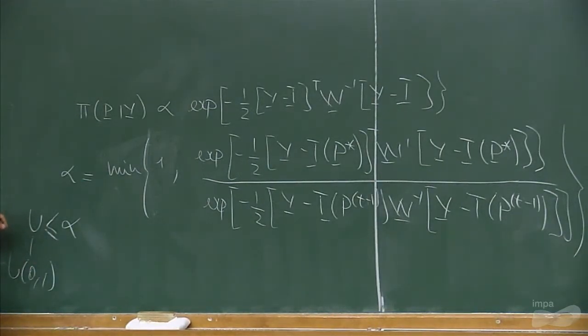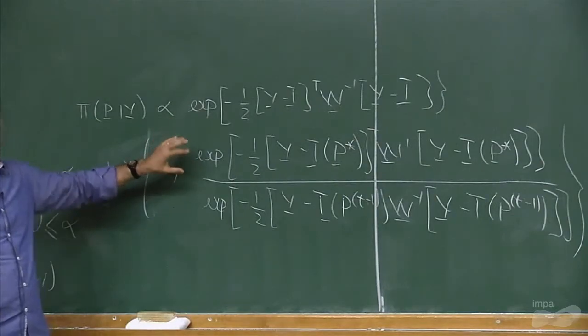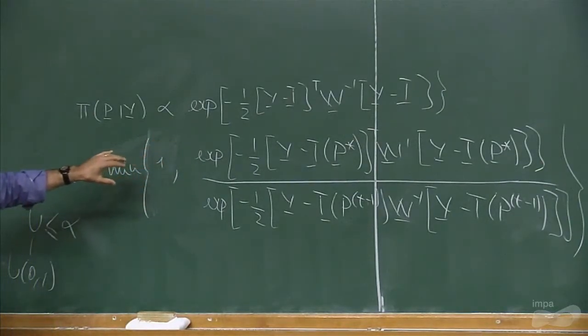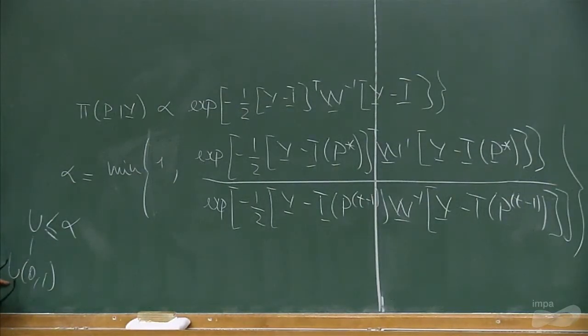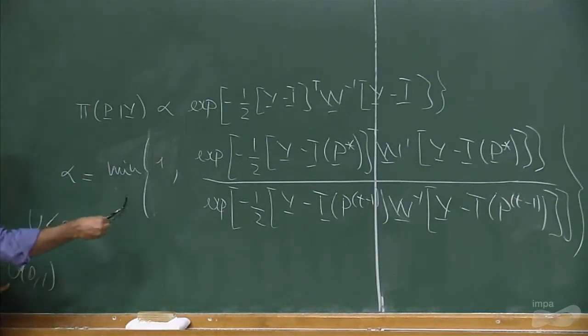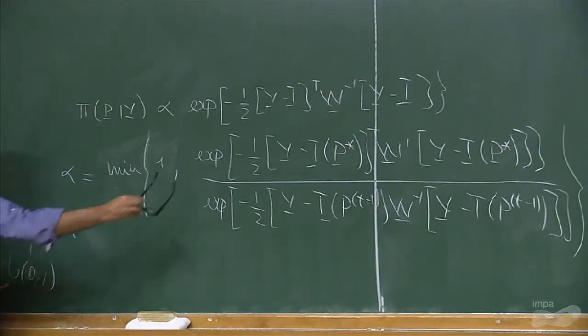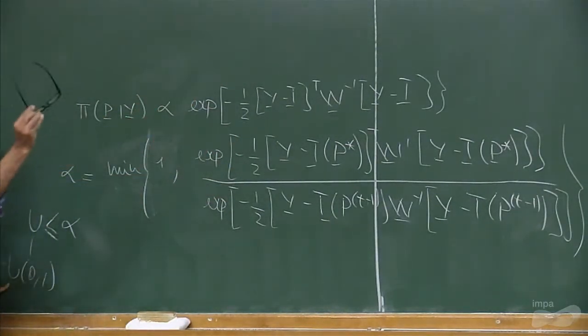Then the point is that I don't have to compute this minimum here, because u is always between 0 and 1. So I can do the test directly without taking this minimum, because whenever this is larger, it's going to be accepted anyway.